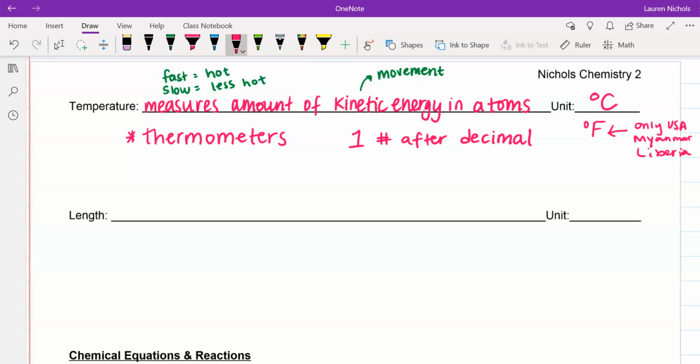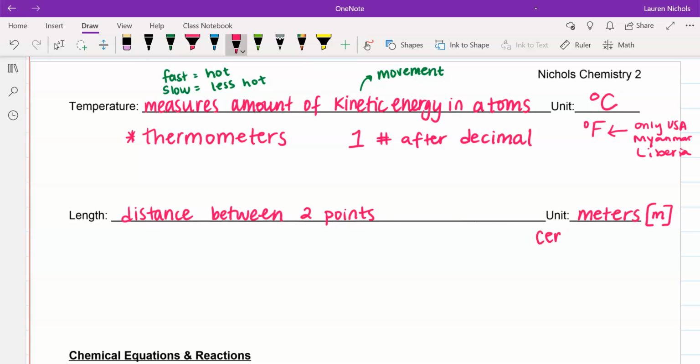Now, when we look at length, length is going to be the distance between 2 points. And when we measure length, in science, again, with the metric system, we use meters. It has the abbreviation of a lowercase m. Now, you might see this with several prefixes in front of it.